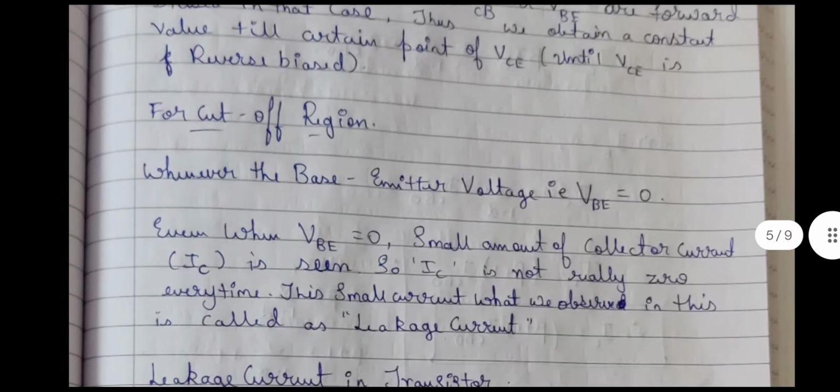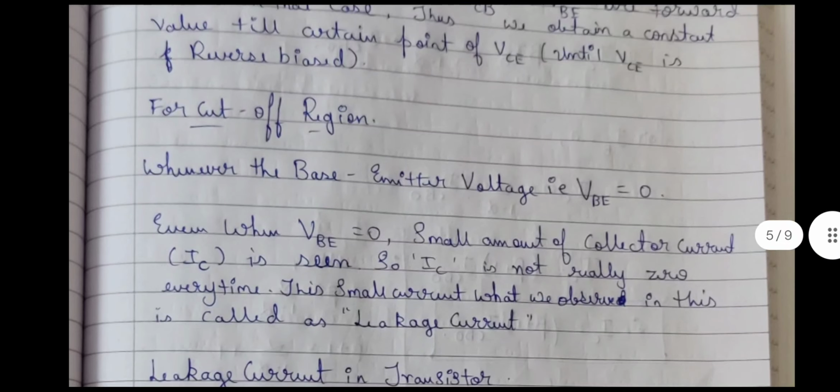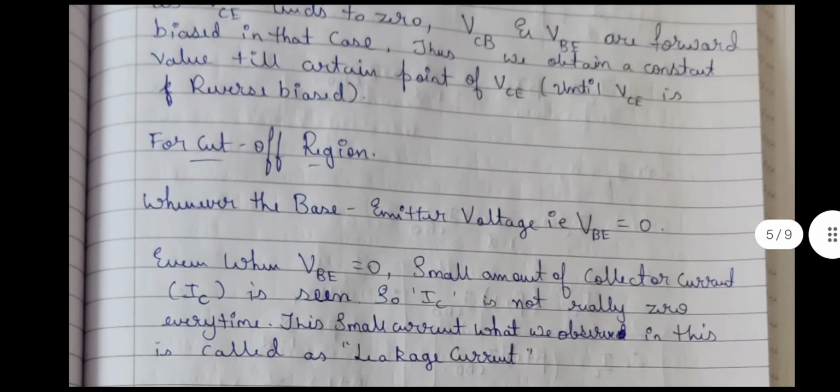For the cutoff region, the base-emitter voltage, that is VBE, is 0. Even if VBE is 0, we will see a small amount of current flowing, which will be measured at the output terminal. This small current which we observe is called leakage current.